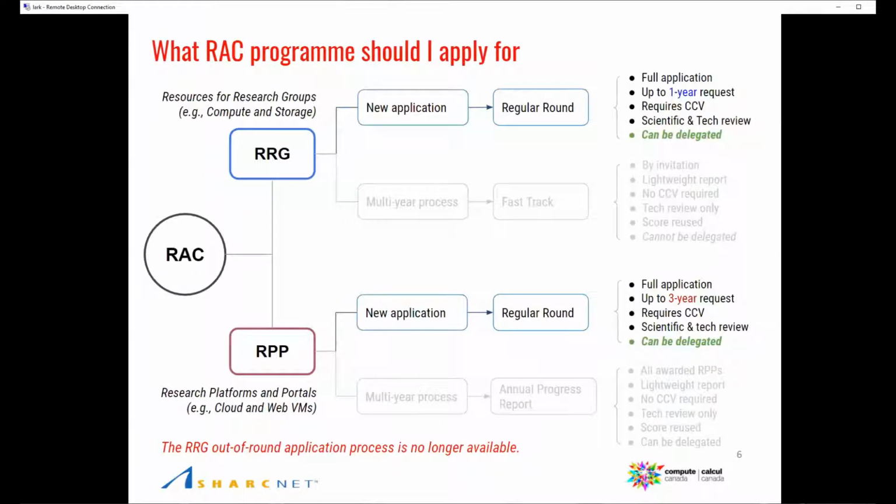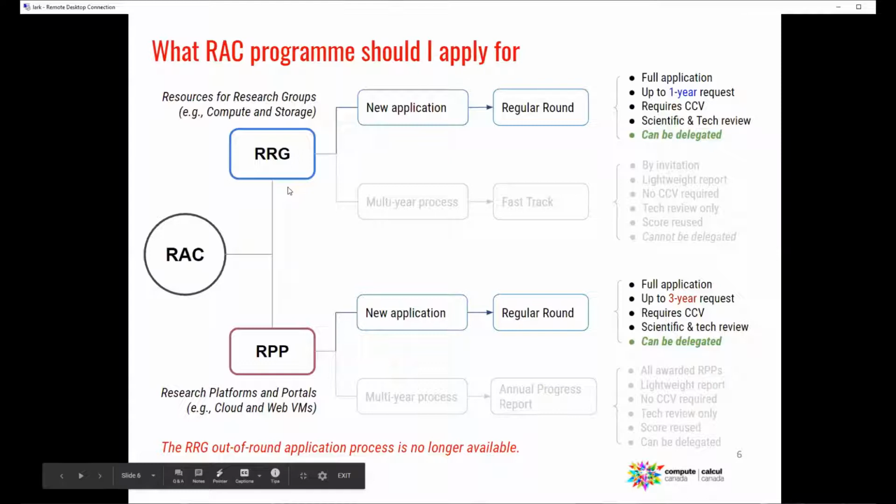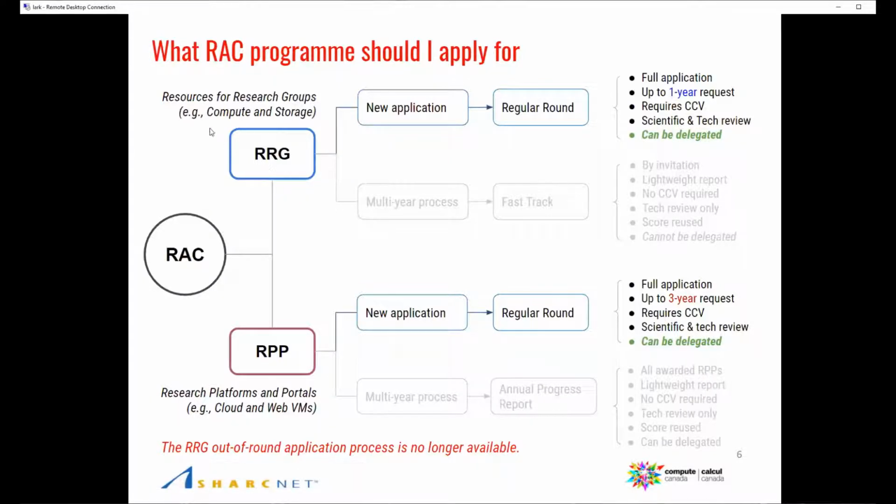So what RAC programs are available? What program should you apply for? If you are new or relatively new, for new and relatively new groups, what should you consider? Currently there are two programs. The RRG stands for Resources for Research Groups.